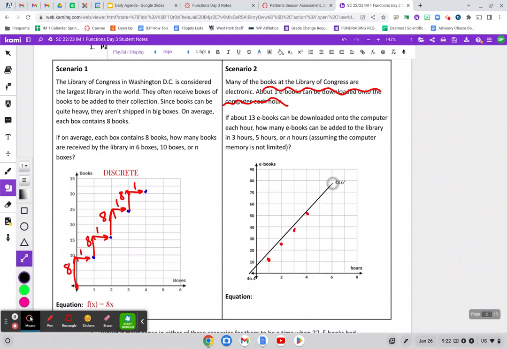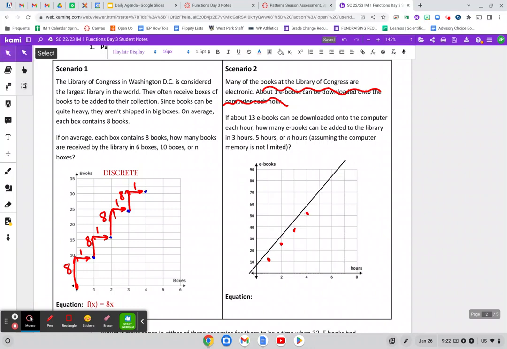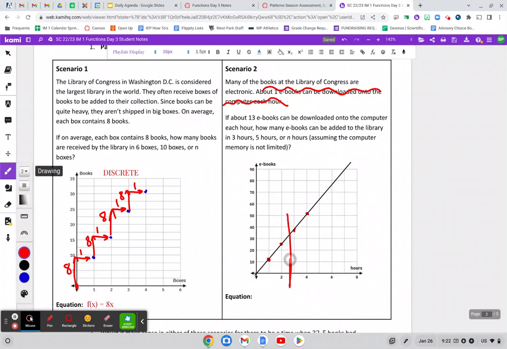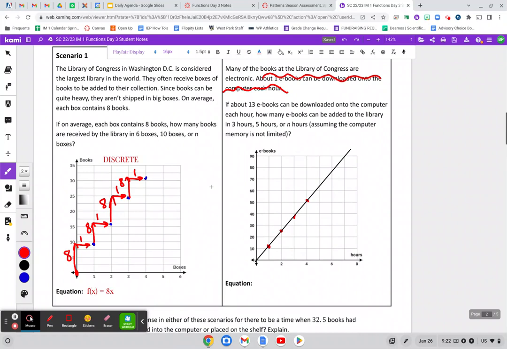We can continue through with a line because all the points in between the line also count. At a certain point, we are going to be right here at about 2.8 books downloaded, so we'll have part of a book downloaded. These are not complete books in boxes.